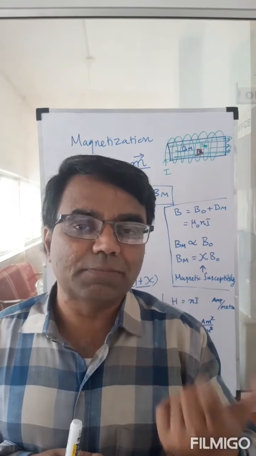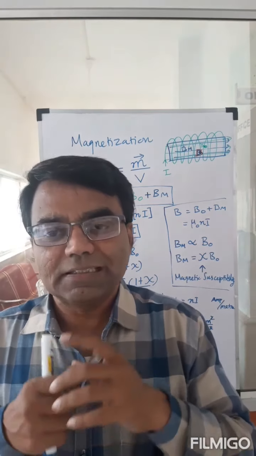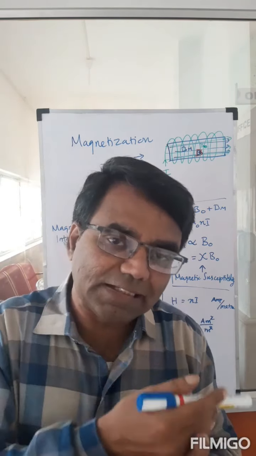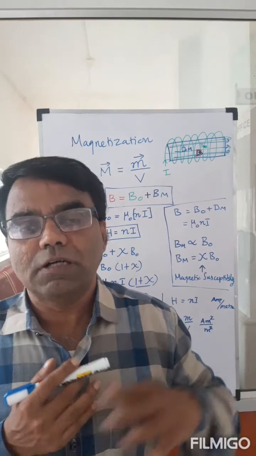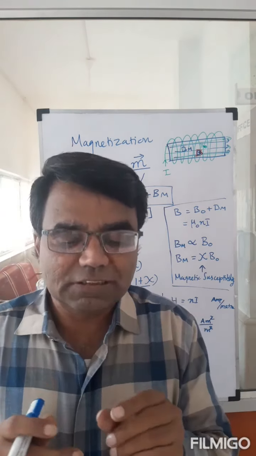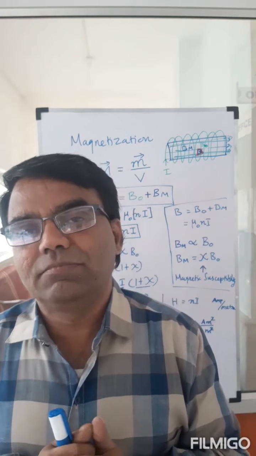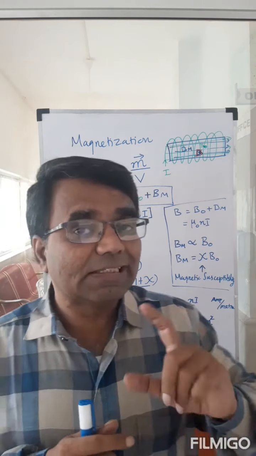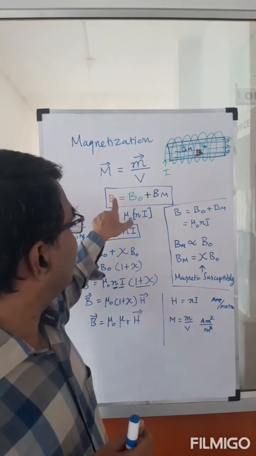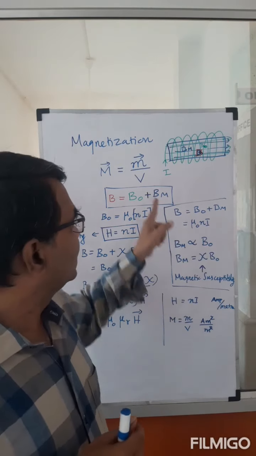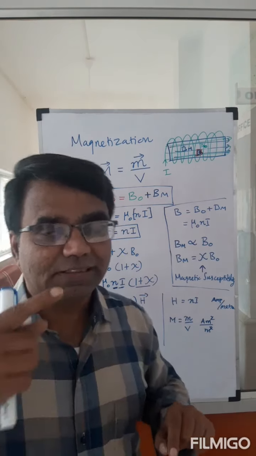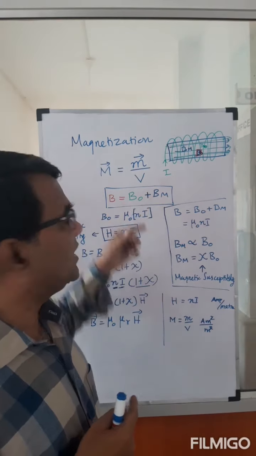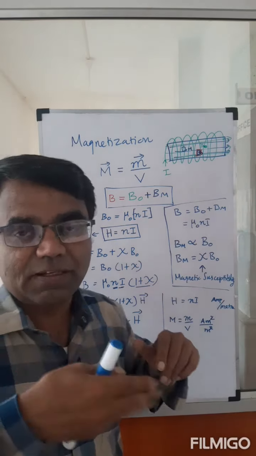But in the second type of materials, the paramagnetic materials, they will enhance the field. They will put the field lines in the same direction as the applied field, but not by much. They will only increase the field by a little amount. So in the case of paramagnetic materials, B would be greater than B naught, because now Bm will add to that. In the case of diamagnetic materials, Bm was opposing B naught, so the net B was less than B naught, the applied field.